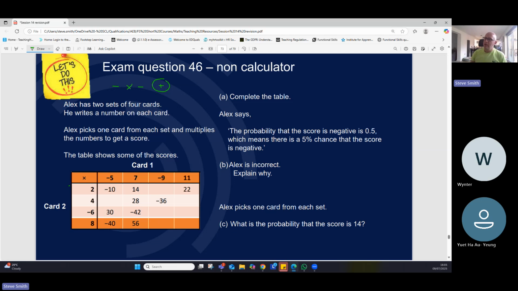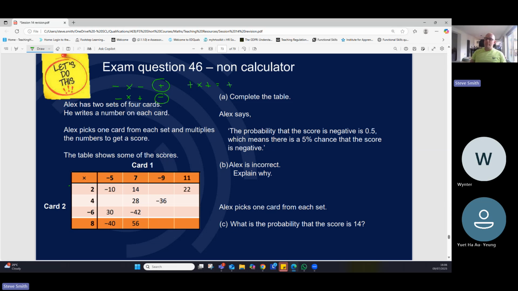If it's a minus times a plus, the minus wins, it's still a minus. If it's a plus times a plus, it stays a plus. It's weird, because minus times a minus is a plus. And the other way around, plus times minus, stays a minus.